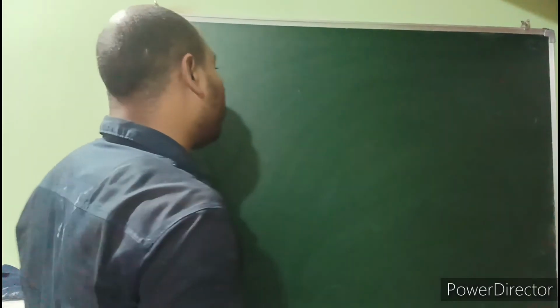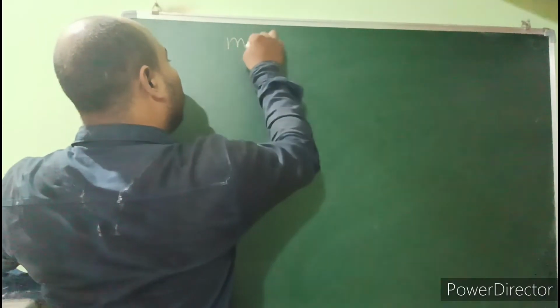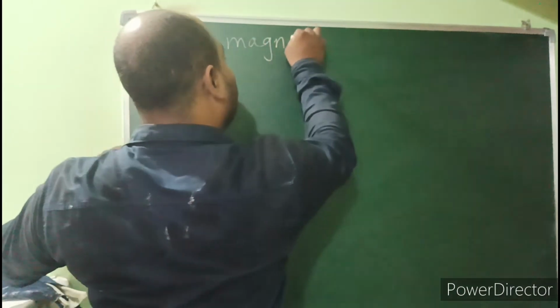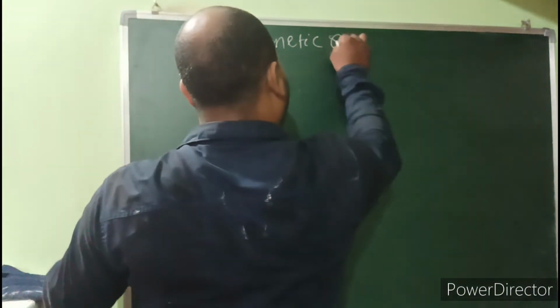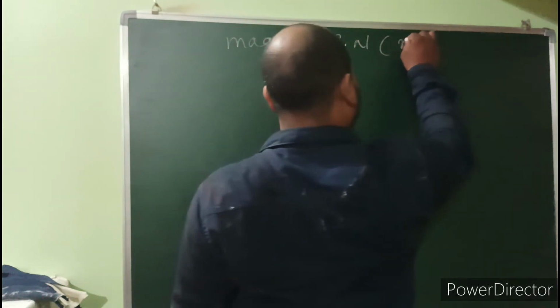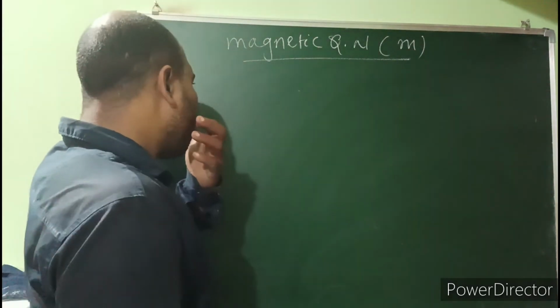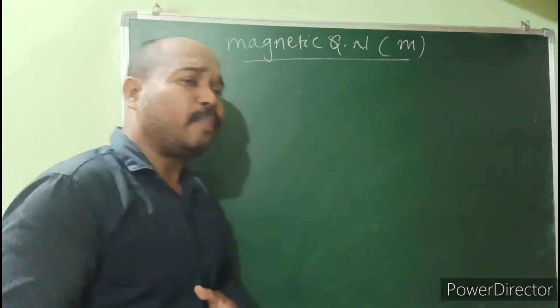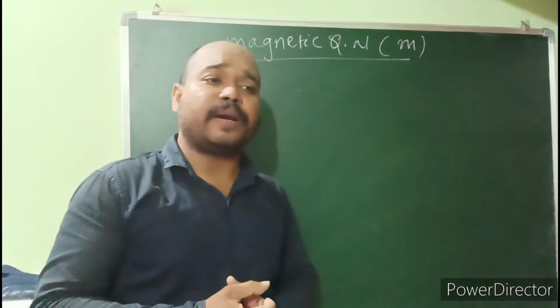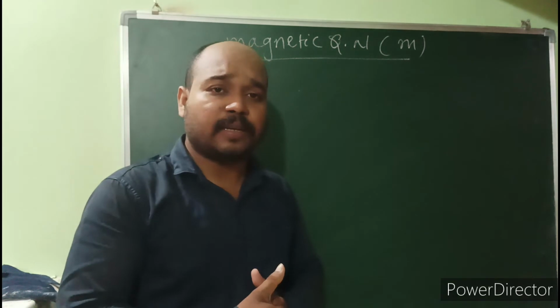Now we will discuss the magnetic quantum number, which is denoted as m. It represents the number of orbitals present in a subcell.